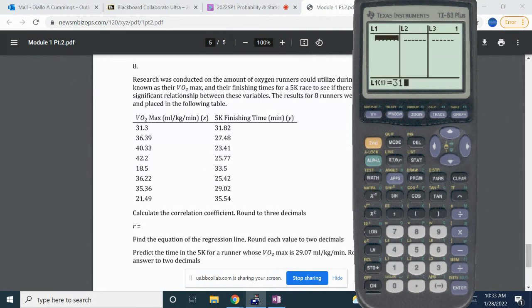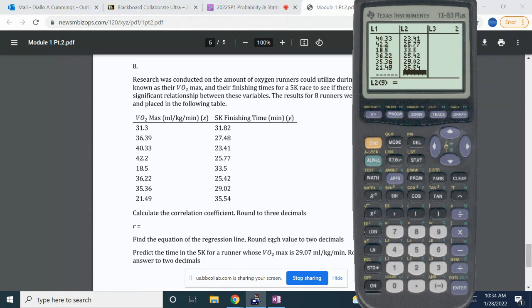And now I'll put in the data. Okay, now we have all of the data entered for our 8 runners.